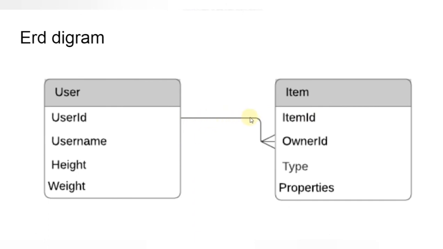In a future tutorial we will explain this ERD in detail, but this is just a concept and a simple view of what an ERD is. So the ERD is the model used in the database. An ERD has entities, attributes, and relationships. For example, we have a user with user ID, username, height, and weight as its attributes, and it has a relationship with the item entity, which has its own attributes.